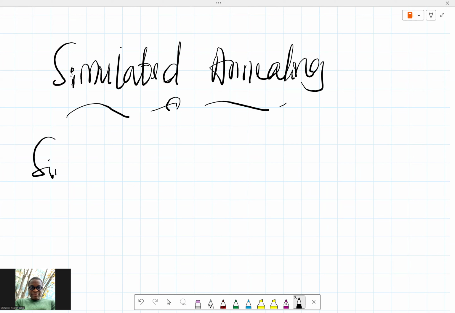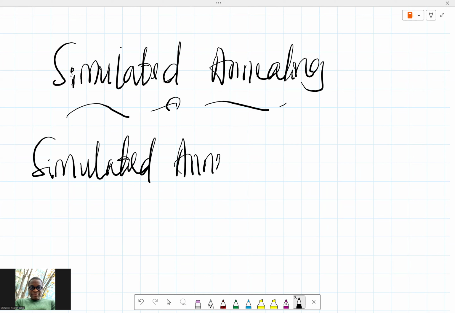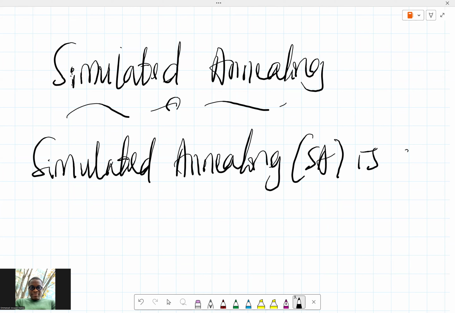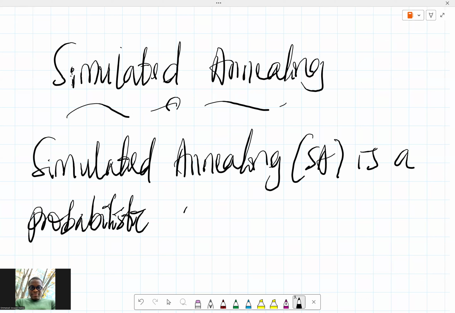And we see that simulated annealing, or SA for short, is a probabilistic optimization algorithm. So it is based on probability.